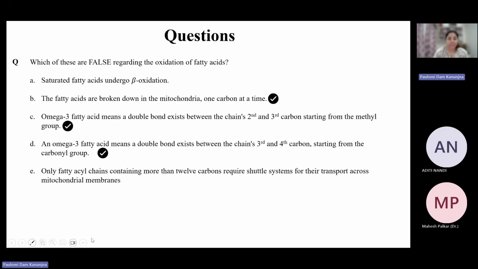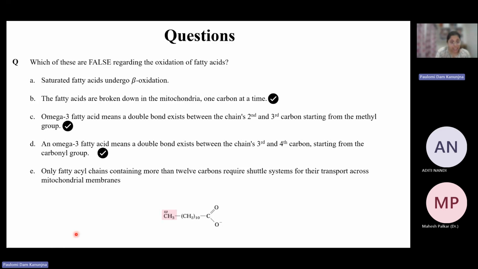Right. The third one says omega-3 fatty acid means a double bond exists between the second and the third carbon, which starts from the methyl group. So when you look into it, you will see that in omega-3 fatty acid, the first double bond is between the third and the fourth carbon from the methyl end. So structurally it is in the third and the fourth carbon, but from the methyl group.